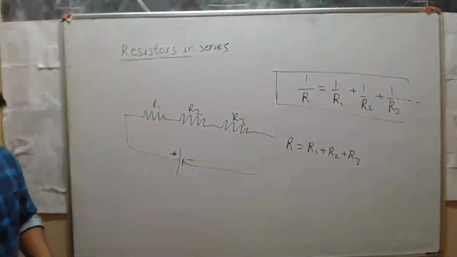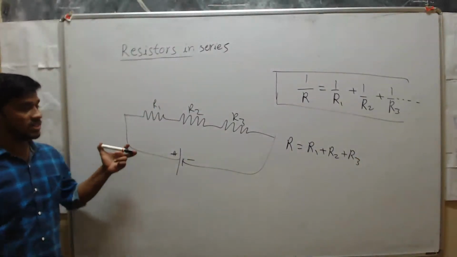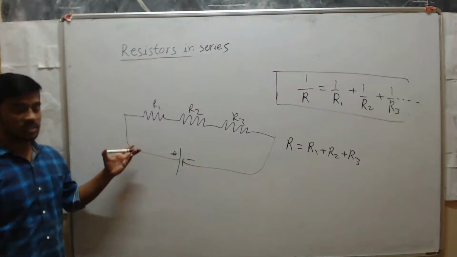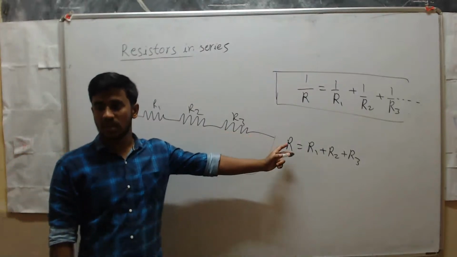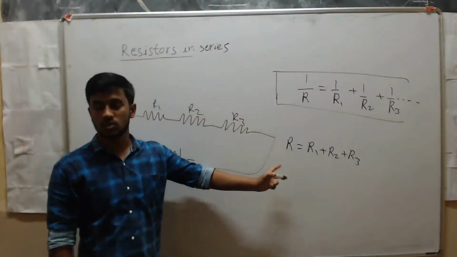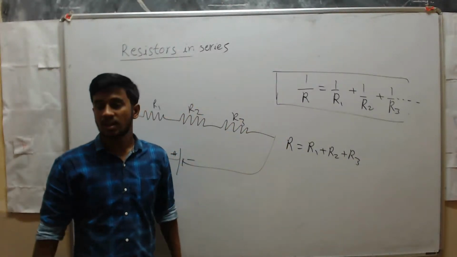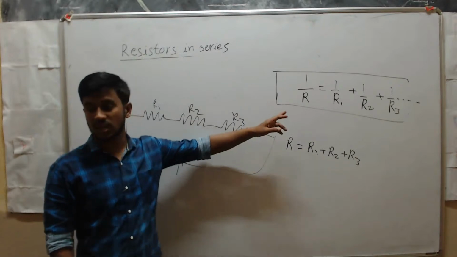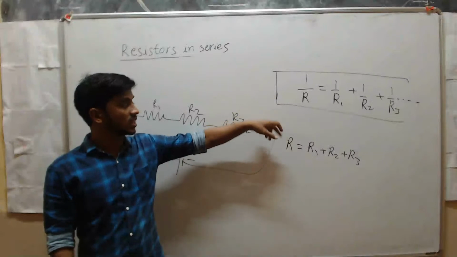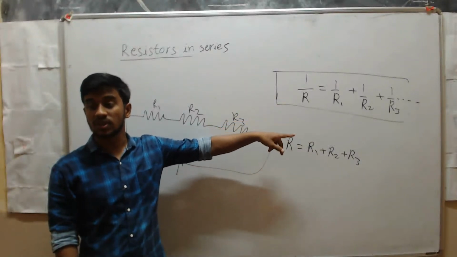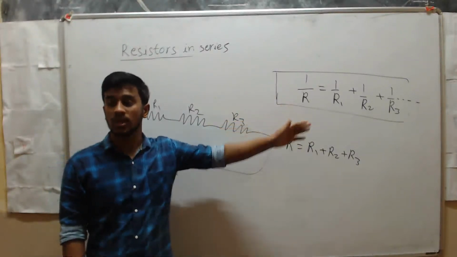We can define that when the resistors are in series, the total resistance in the circuit is equal to the sum of the individual resistors. But in parallel, the reciprocal of the total resistance in the circuit is equal to the sum of the reciprocals of the individual resistors.